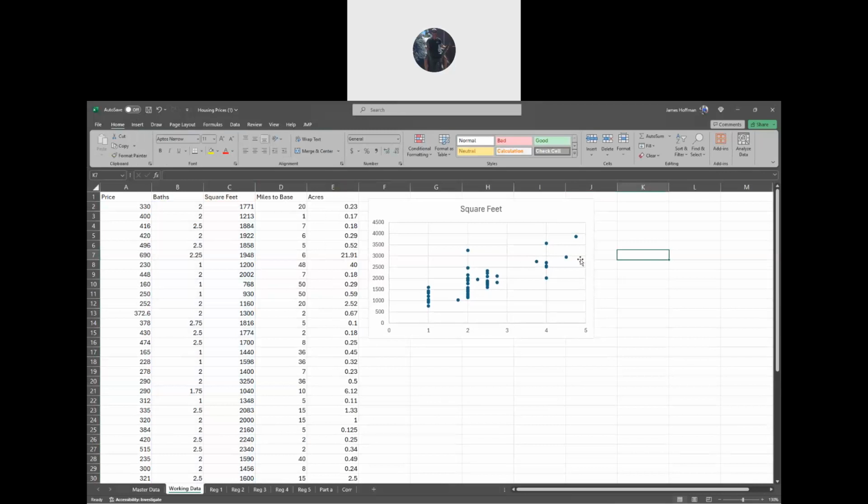It looks like they're pretty correlated, right? It's pretty clear that when there's more BAS, the square footage also increases.